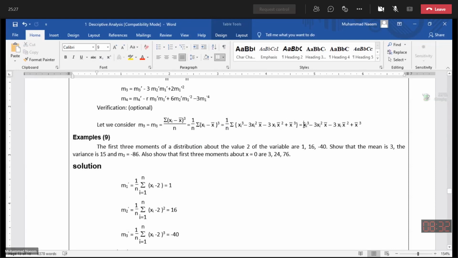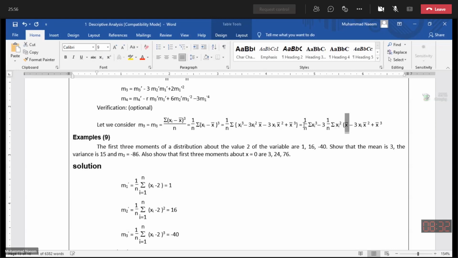We need to apply sigma and dividing by n. This one and also this one. 3 is constant, so 3 comes outside and the rest of the expression is added without x bar. Remember, this one is again constant.